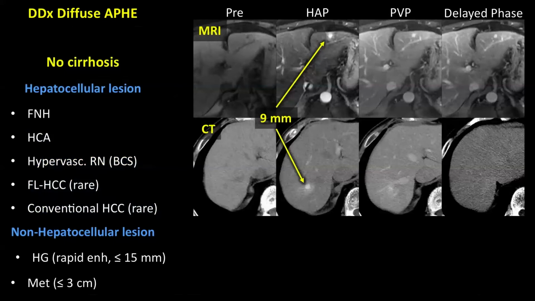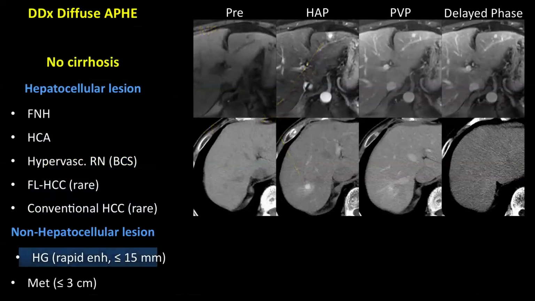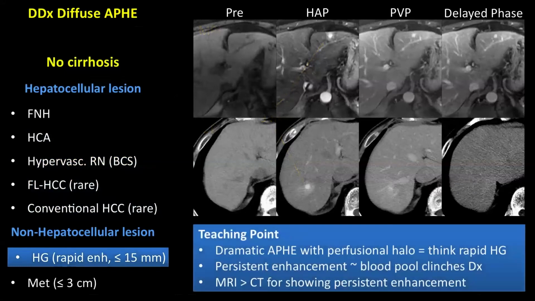So whenever I see a small lesion with this cloaking of enhancement around it, I think this is likely a hemangioma. And even on CT, if the hemangioma fades and disappears, I feel comfortable making the diagnosis of hemangioma, assuming the patient has no cirrhosis. So this particular case is a rapidly enhancing hemangioma.